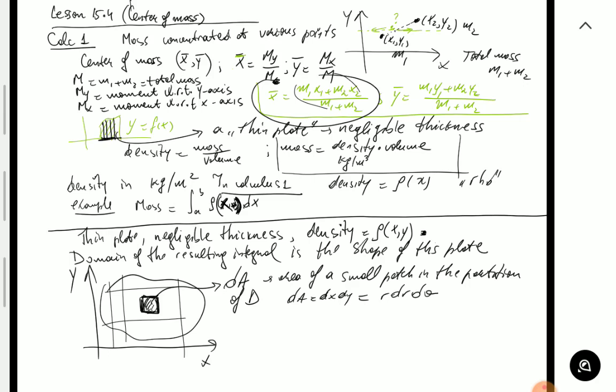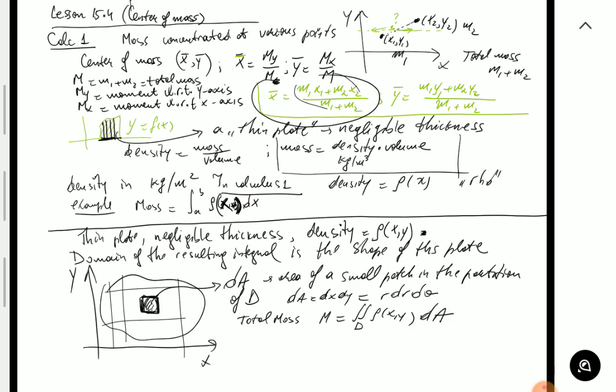So what is the total mass? Well, just like before, the total mass of the plate is now going to be a double integral, because you have a summation in x and y, so a double Riemann sum, which gives you a double integral in the limit. So a double integral over this domain of the density rho of x y dA.